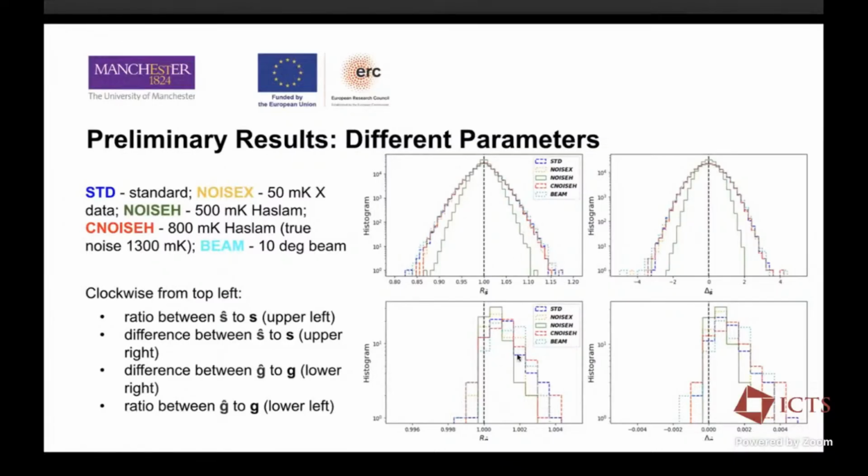But if you look at the gains, for all cases, they're all slightly positively biased by around 0.4%, and the constraints are also similar. So there is no advantage to having lower noise for Haslam if you want to figure out the gains.